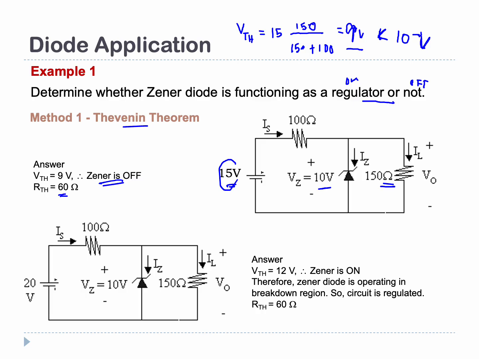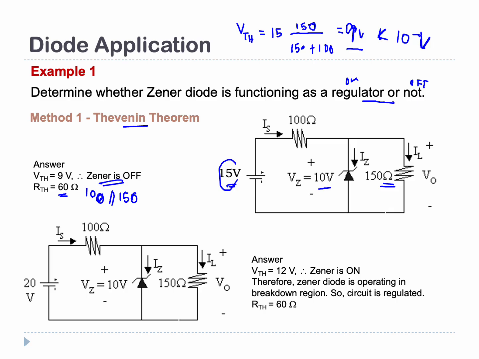You can calculate it, which is RS 100 in parallel with 150. So you should get 60 ohm.